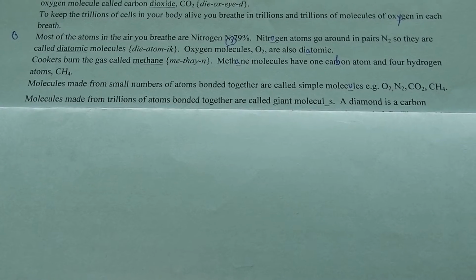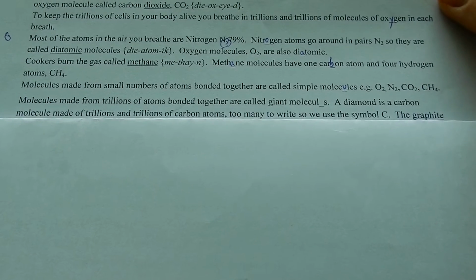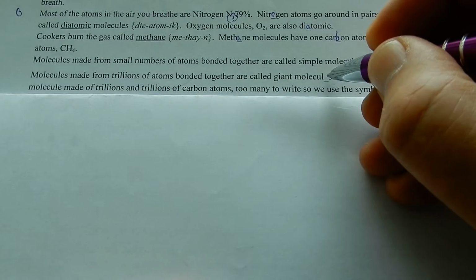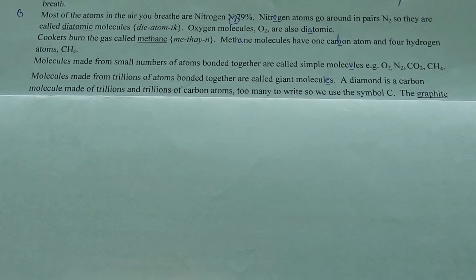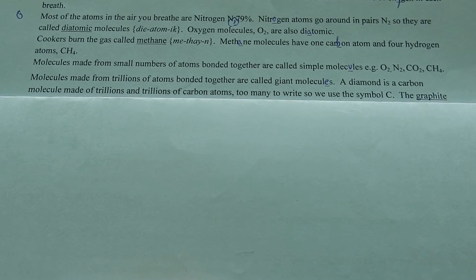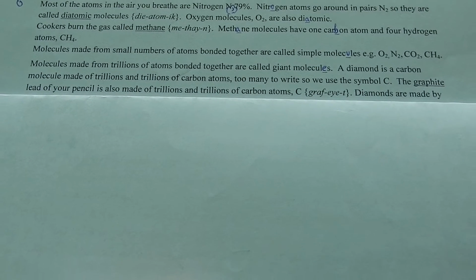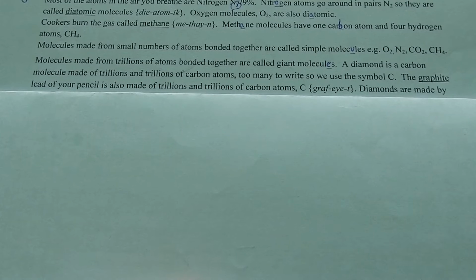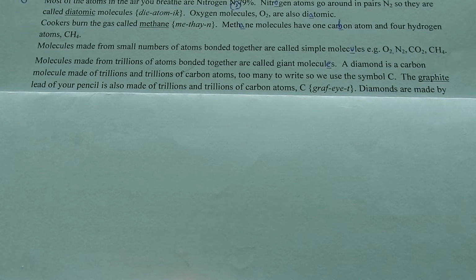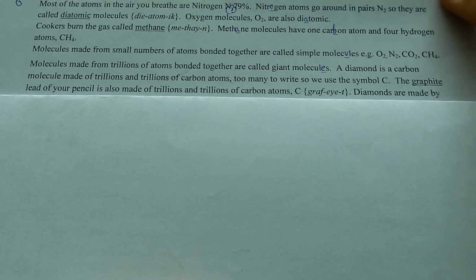Molecules made from trillions of atoms bonded together are called giant molecules. A diamond is a carbon molecule made of trillions and trillions of carbon atoms, too many to write, so we use the symbol C. The graphite lead of your pencil is also made of trillions and trillions of carbon atoms.